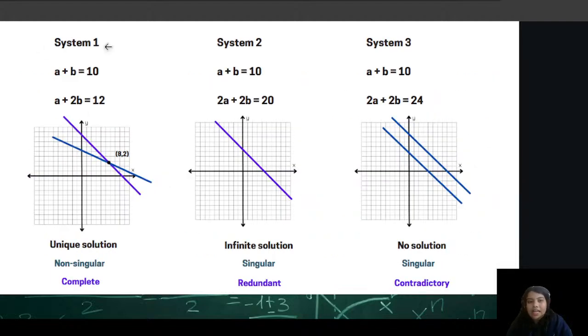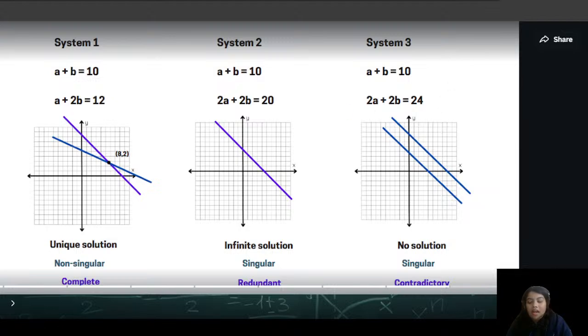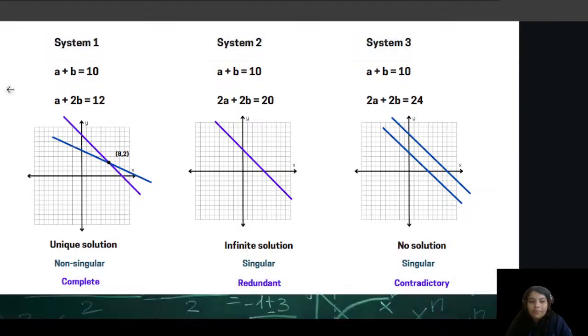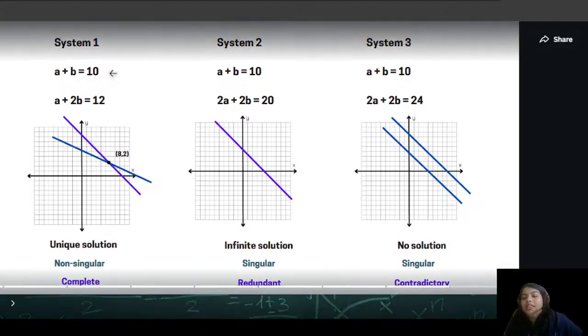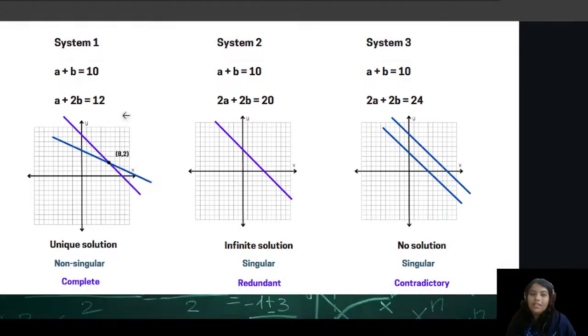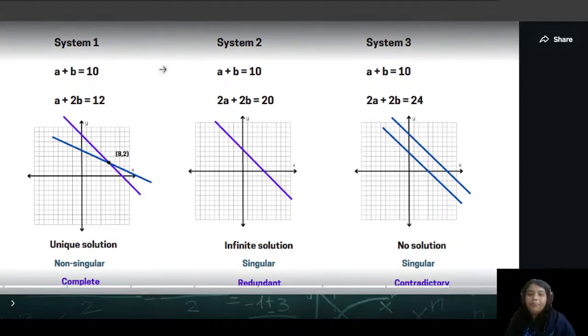So let's see our system now. As we are moving on, this is level 3. In level 3, we are now dealing with a system of equations where I am dealing with two variables. In system 1, we can say that a plus b equals 10 and a plus 2b equals 12.